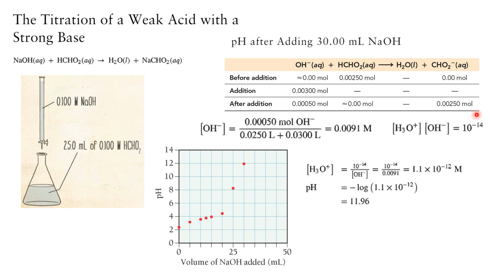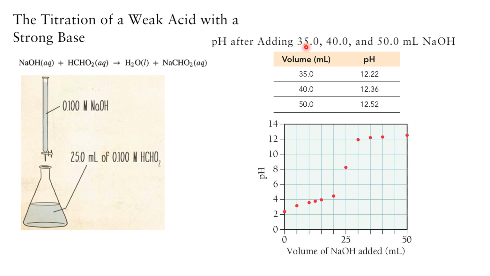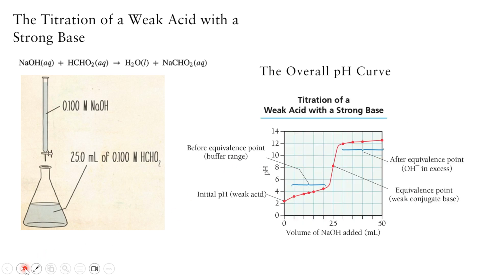That's the most conjugate base that you could make because you only had that amount of acid to start with, right? So, you just keep going up in OH minus concentration, and obviously your pH is going to get higher and higher with more volume of NaOH that you add. And there we plot those last points. And there's your overall pH curve for the titration of a weak acid and a strong base.